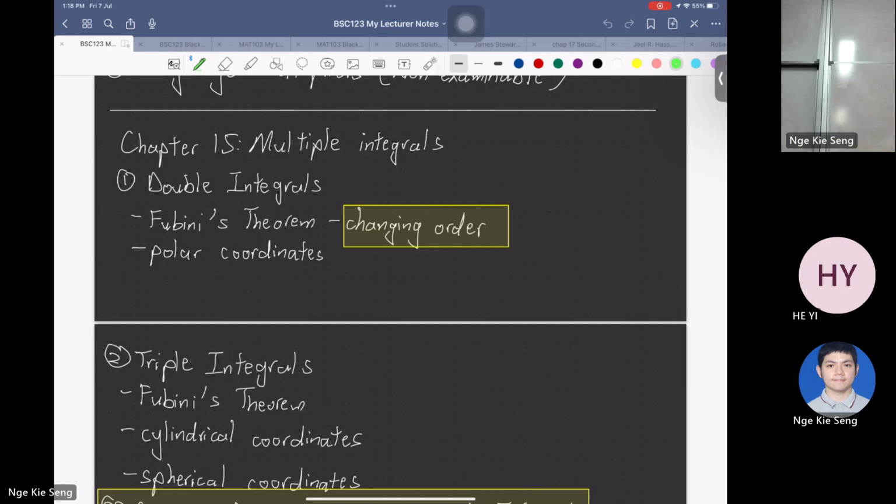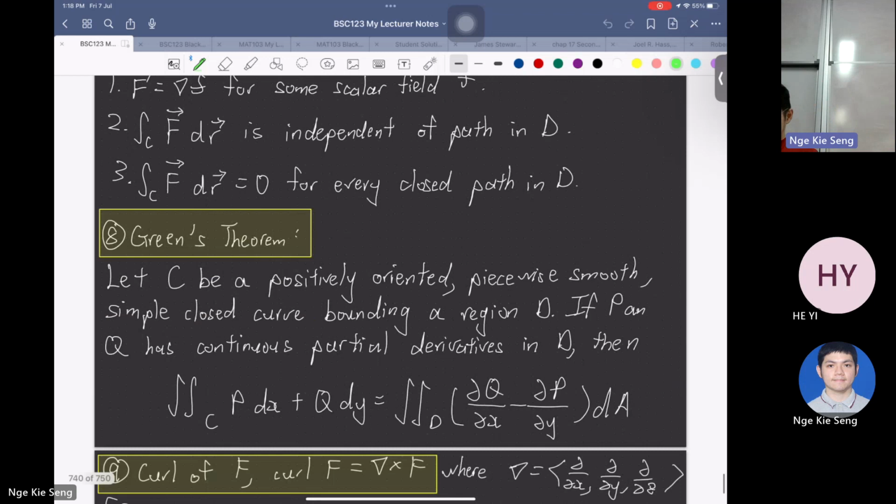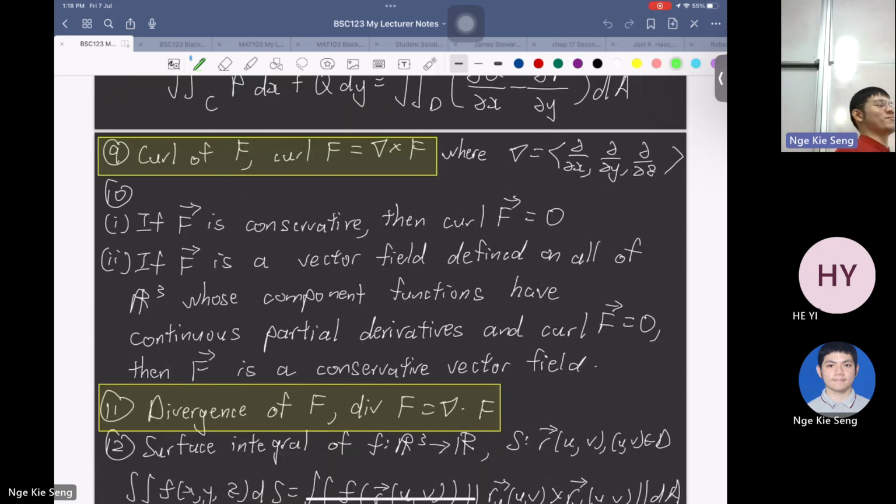How to apply it? Those two theorems also include everything in front already. Unless we can play something with conservative or vector fields, but I didn't put that. No, I didn't highlight it for you. The highlighted ones you must know how to do.